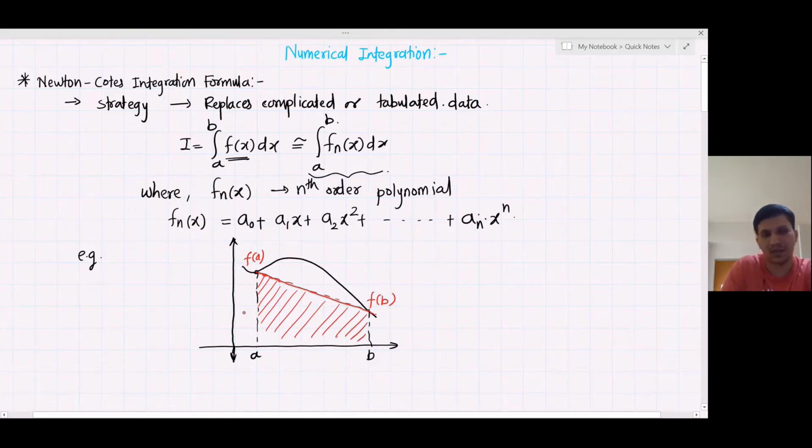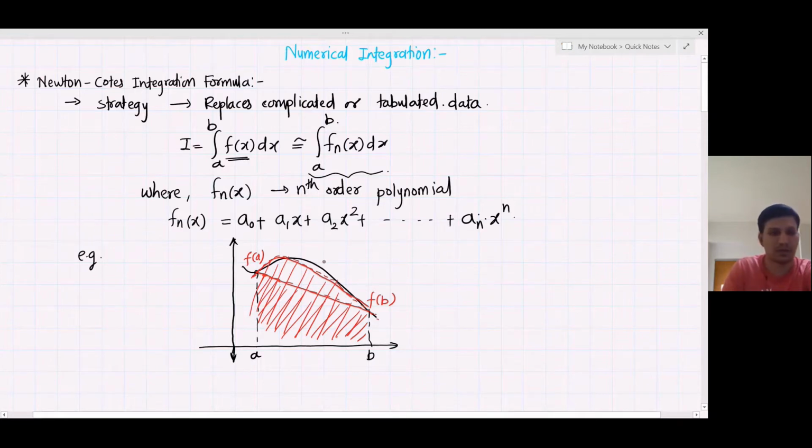We can further increase the accuracy of the integration by fitting a second order curve, that is some parabola. So we get this amount of area, and we get very little error.